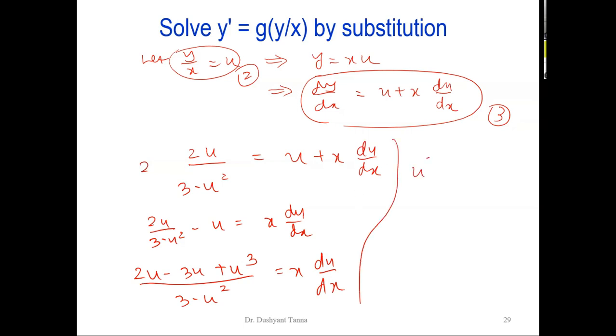So that will be u power 3 minus u divided by 3 minus u squared is equal to x du by dx.